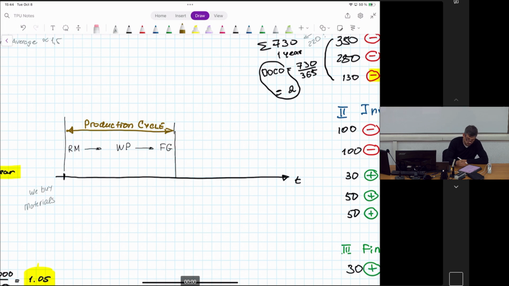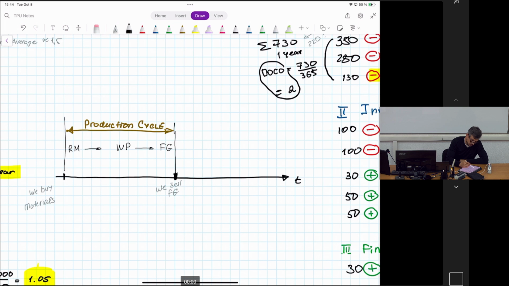Okay, after this production transformation is over, we come up with the next moment in time, which is the moment of we sell finished goods here. This is the moment in time. We sell our finished goods.